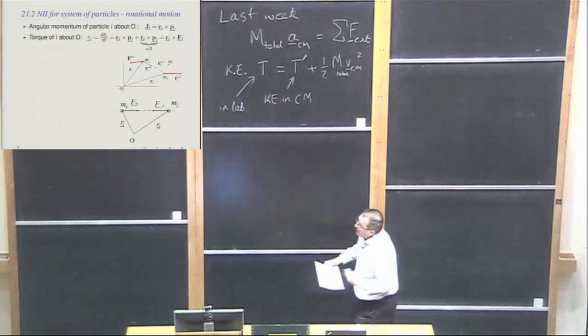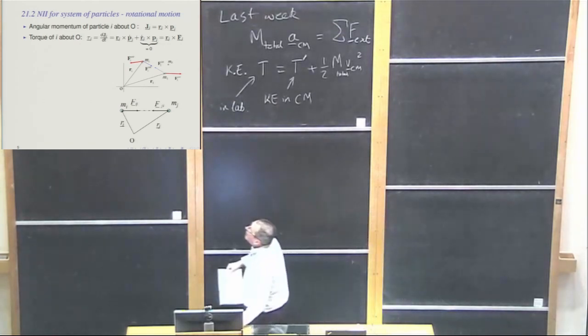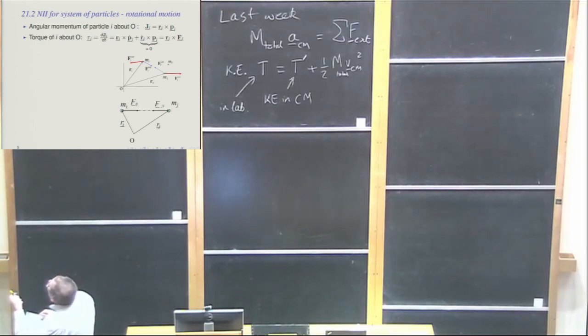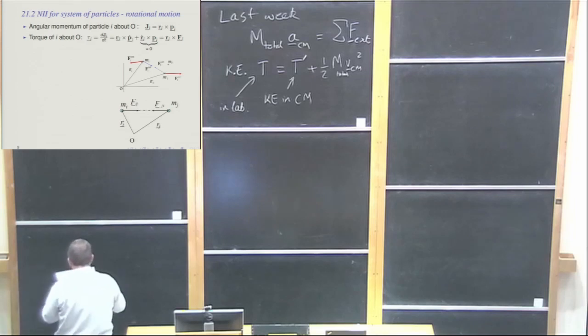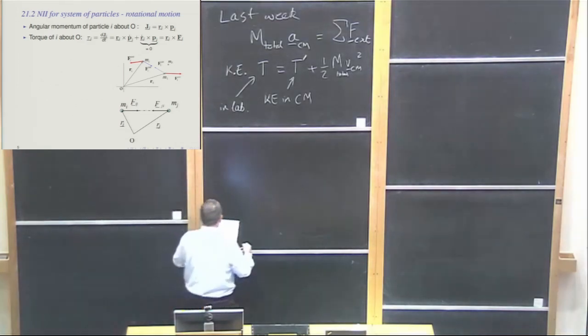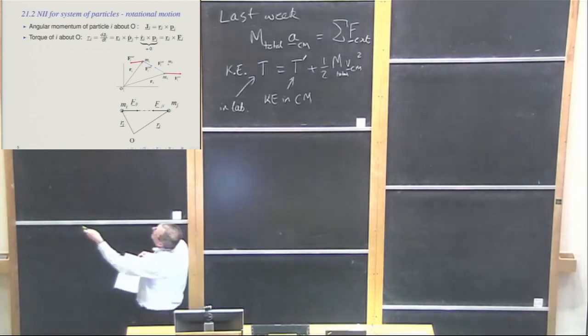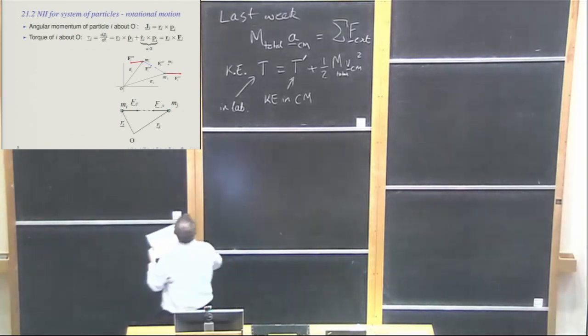Right, okay, so back now to rotational motion. This is the definition of angular momentum. This is the definition of torque. So for a system of particles, we can just make a linear sum.